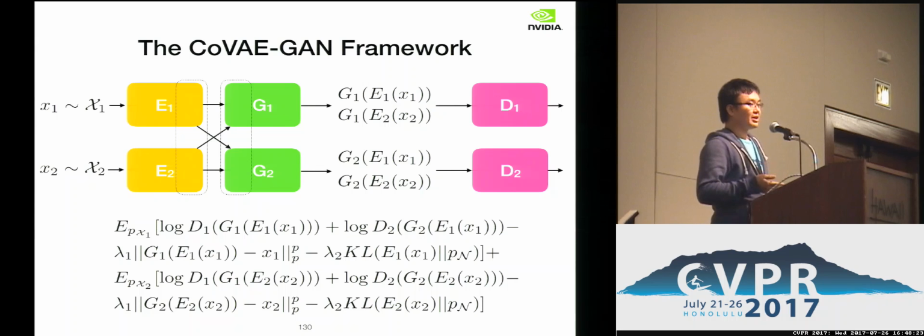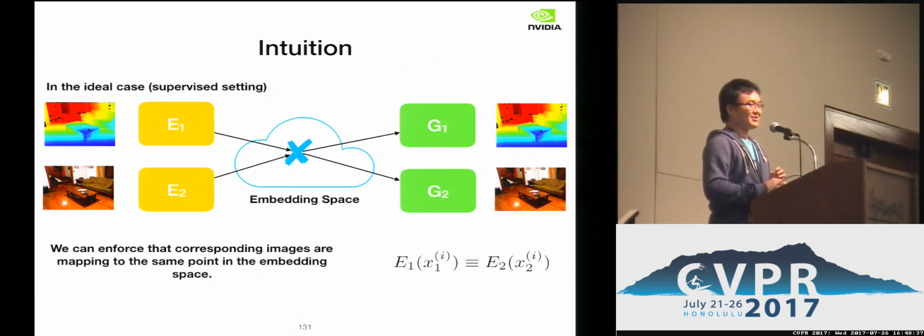Okay. And to train this network, you basically add a VAE objective and a GAN objective. I think you guys have seen a lot of equations today, so I will not explain this one. It's basically VAE plus GAN. And let's talk about intuition, why this works.